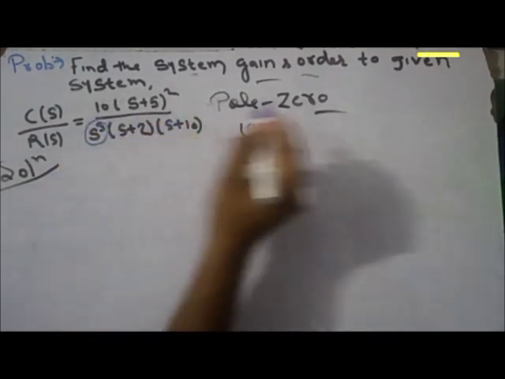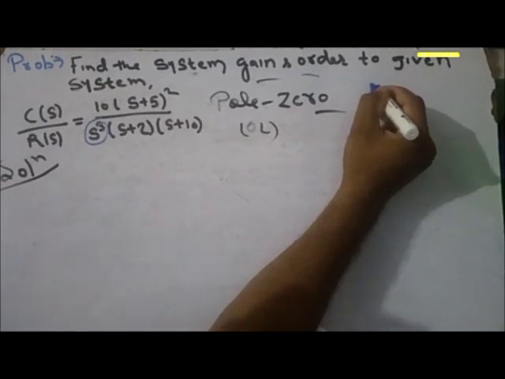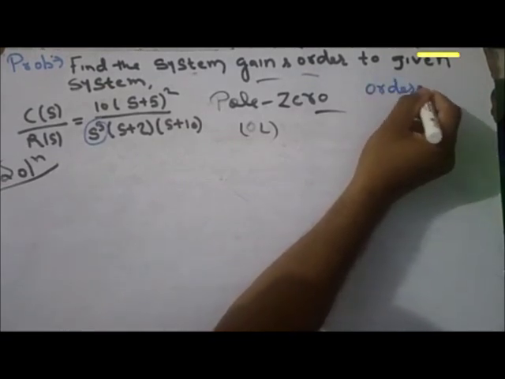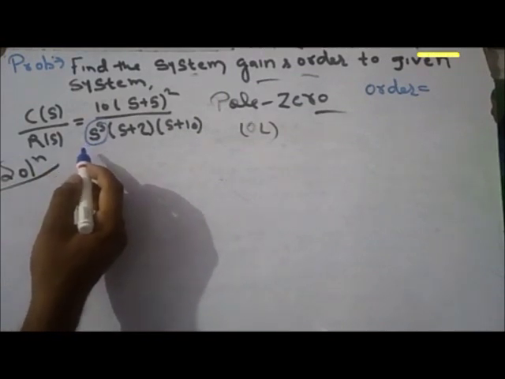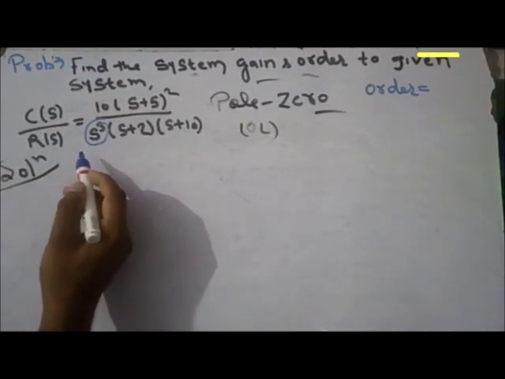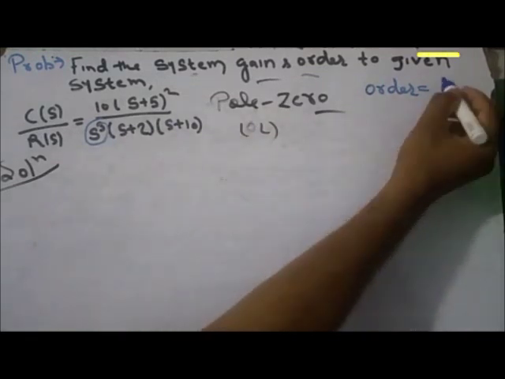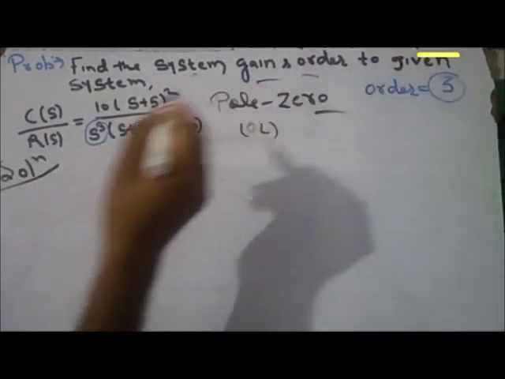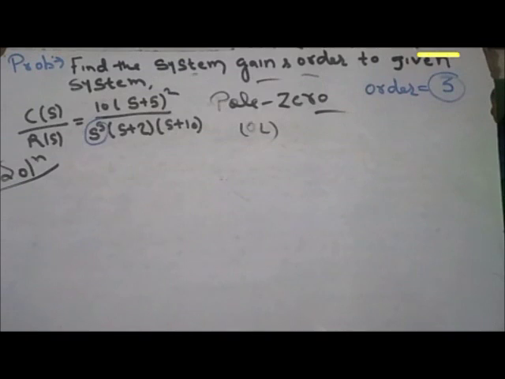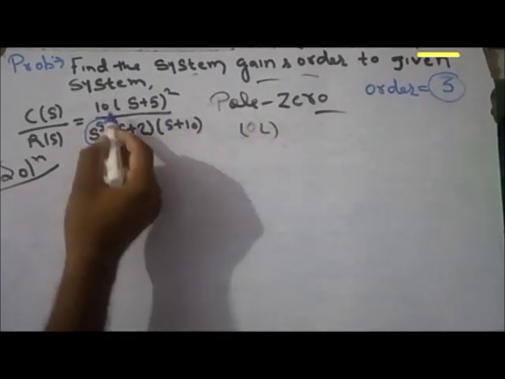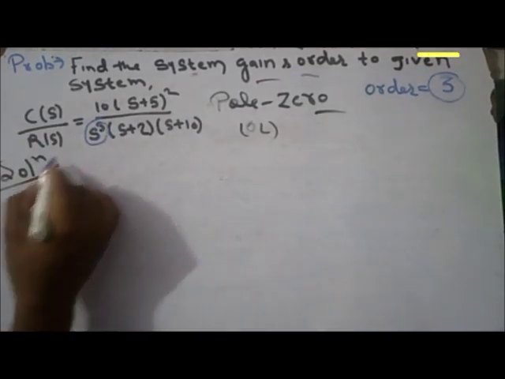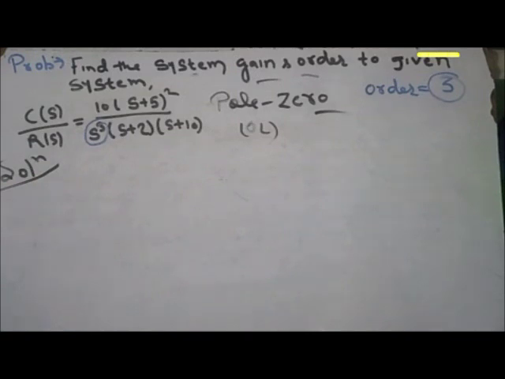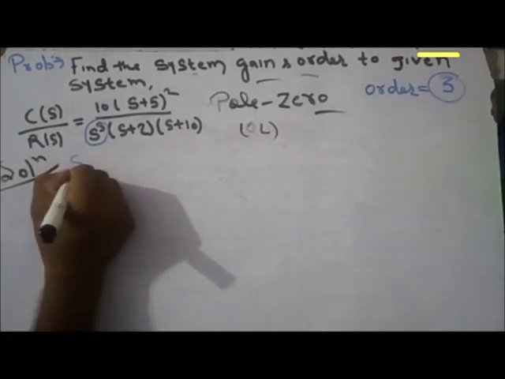So in this format, C(s) by R(s) equals 10 into, we have to take common, because we have to take out the s. If we want to take out the s, that means 10, it is a square now.